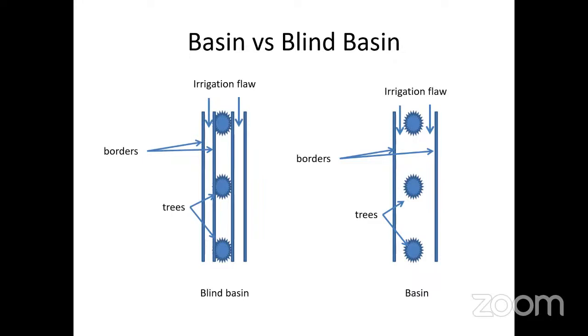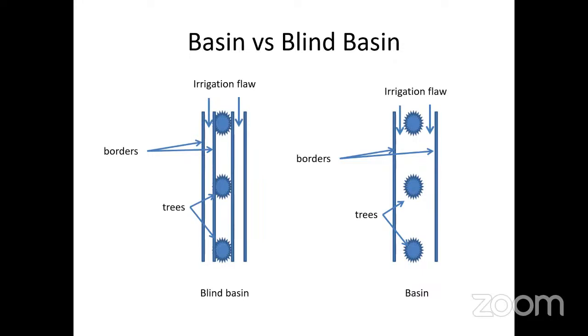To overcome this disadvantage of the basin, we have come out with the blind basin, which, as shown in the slide to the left side, is the same, except we have protected the tree trunk with two boundaries or two ridges.